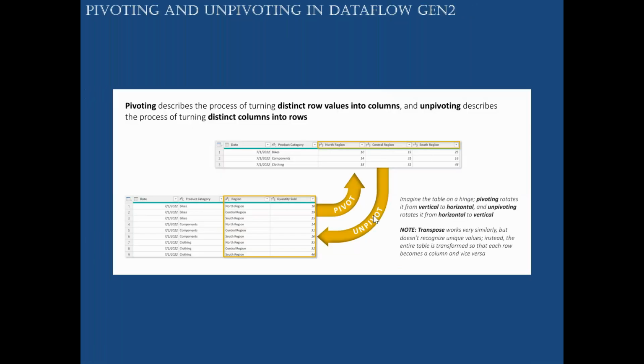Next, pivot and unpivot. What is pivot? Remember, pivot is when you have rows like this and I am converting them into columns: north region, central region, south region. Converting these rows to columns is nothing but pivoting.